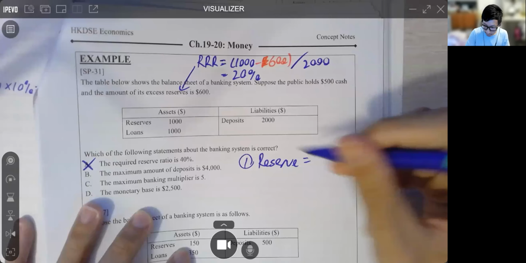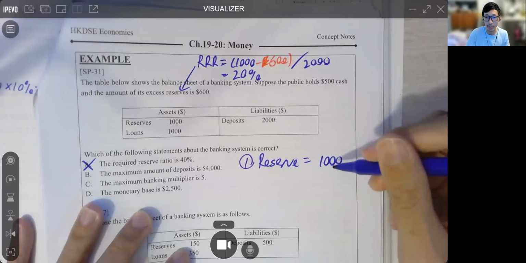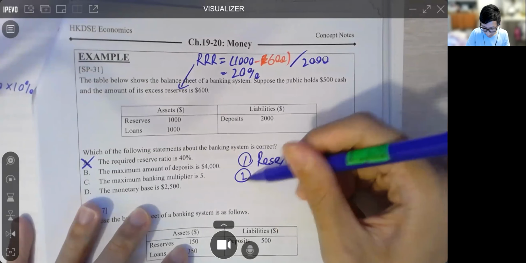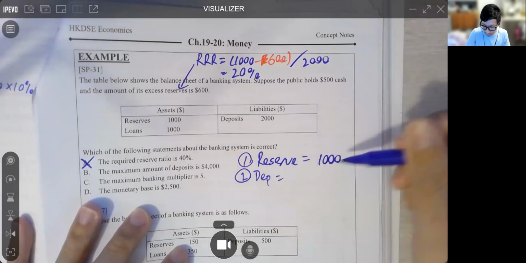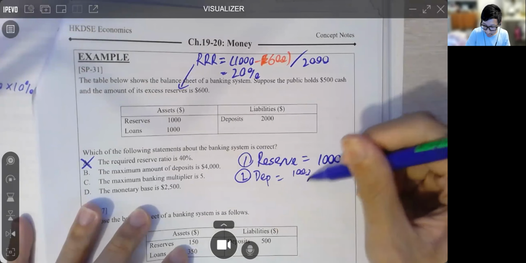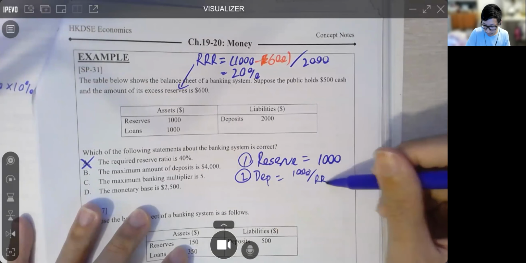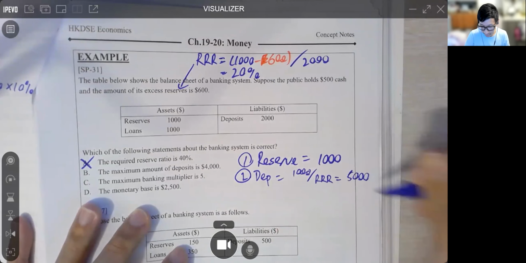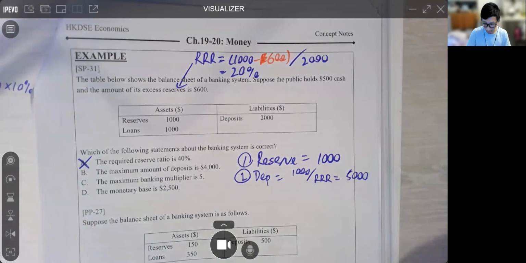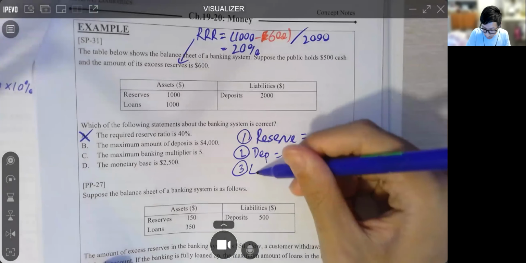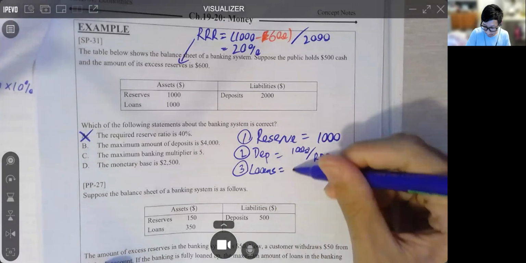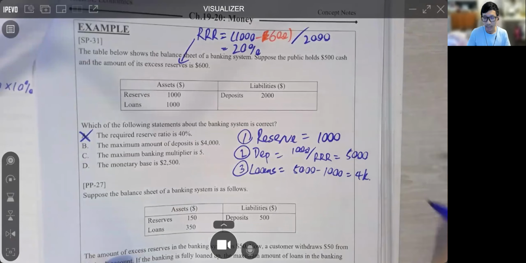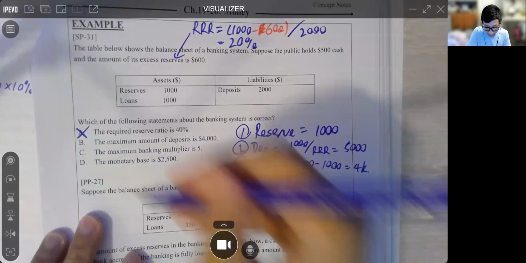Therefore, reserve will stay at 1,000. Then second, we calculate deposit, which should be 1,000 divided by RRR, which is 20%. It should be 5,000. And third, of course, loans would just be 5K minus 1K, give us 4K. So unfortunately, B is not correct. 唔係4,000喎.